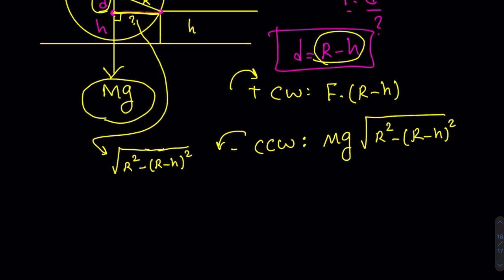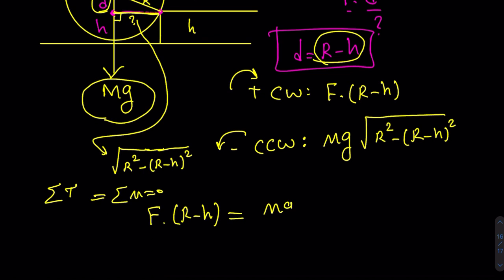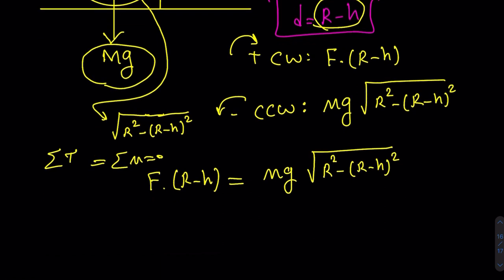So therefore, if we set them equal, sigma tau, which is torque, equals 0, F times (R minus h) must be equal to mg times the square root of R to the power of 2 minus (R minus h) to the power of 2.